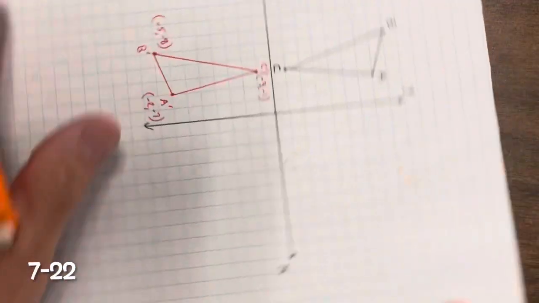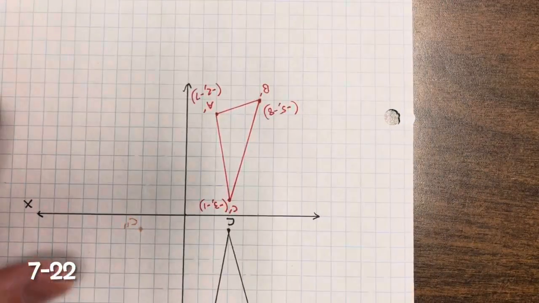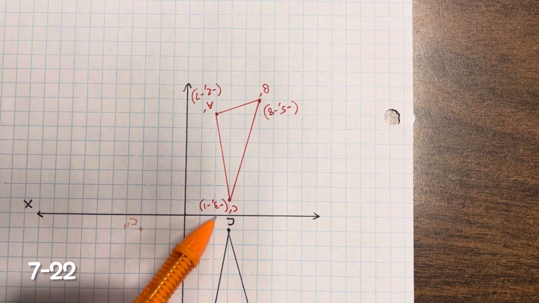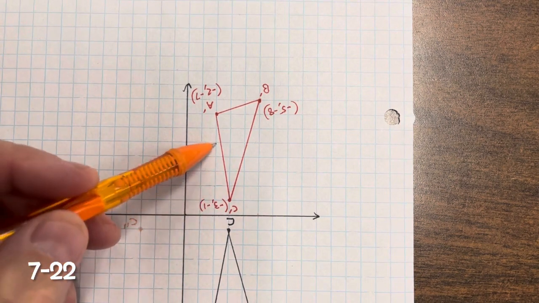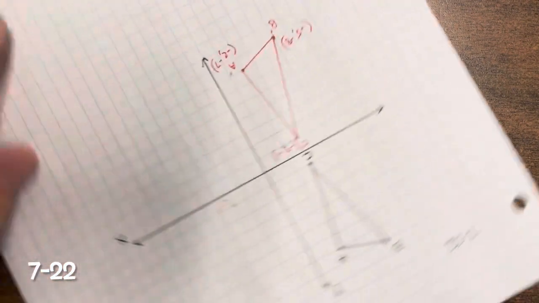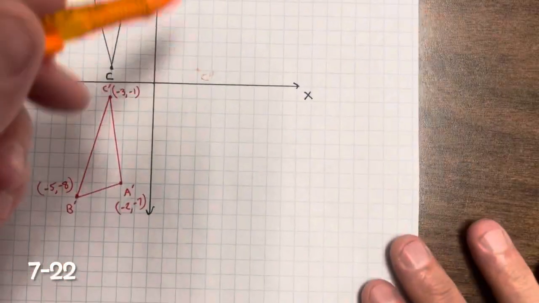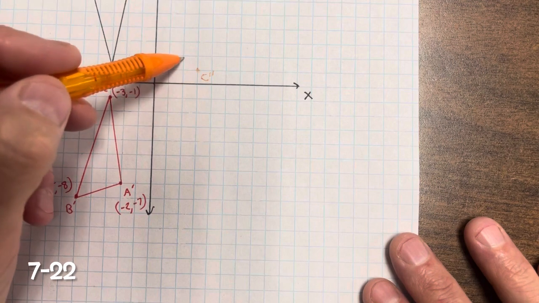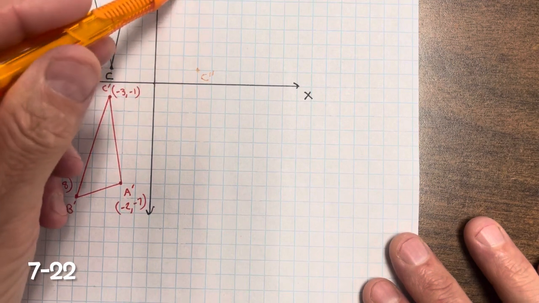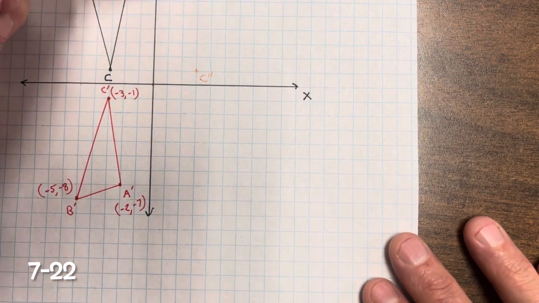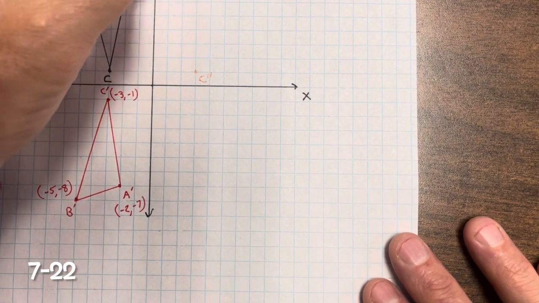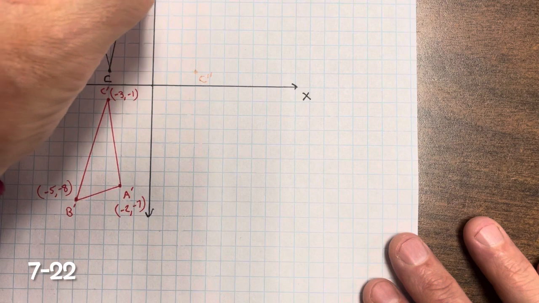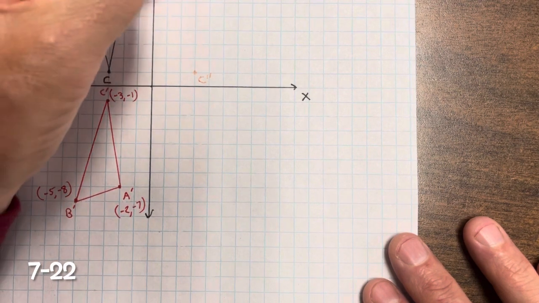And then we go ahead and do A, rotate it 180 degrees. 1, 2 on the X, 1, 2, 3, 4, 5, 6, 7 on the Y. Rotate back: 1, 2 on the X, and 7 on the Y, so positive 2, positive 7.